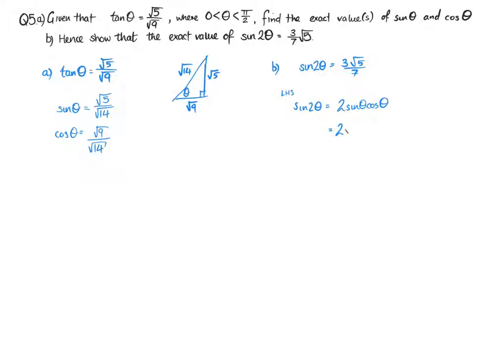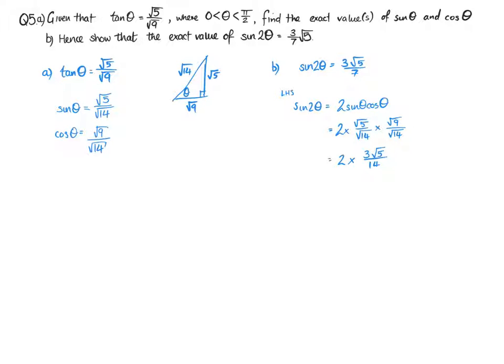So 2 times the square root of 5 over the square root of 14, times the square root of 9 over the square root of 14. So then we get 2 times, this is going to be 3 root 5 over 14.